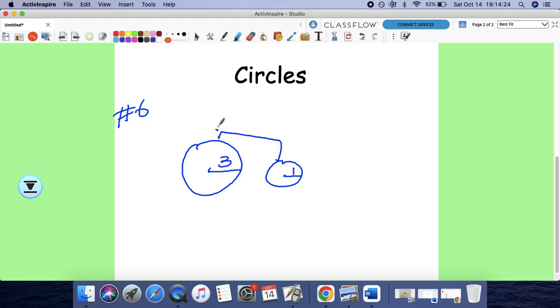Here's your bicycle, right? For every 1 time the front wheel completes a revolution, let's use 1 revolution is the circumference, so C equals pi d. Remember, if the radius is 3, the diameter is 6. For this one, C equals pi d.